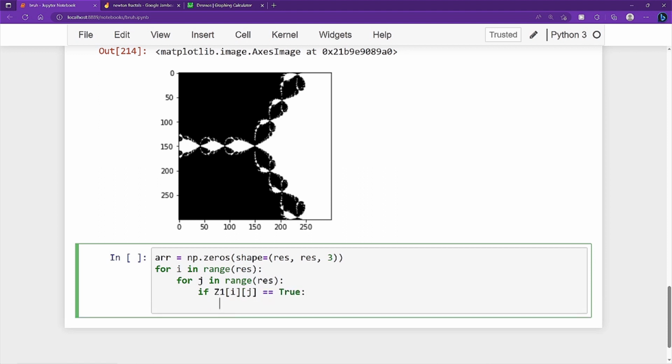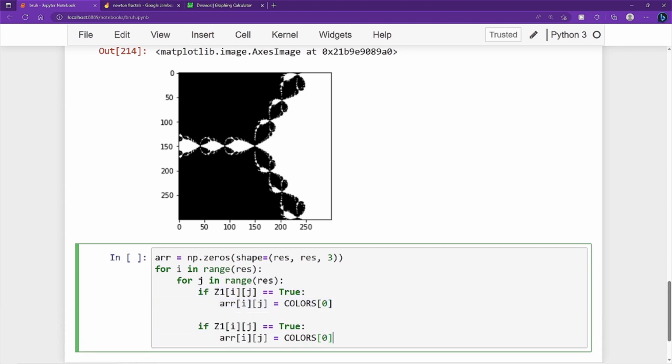If that is true, that means this is the point. The ij is the point where the z, or that point, has converged to root 1. So I'm going to color it in that way. Colors of 0, and we're going to do this for the second and third as well.